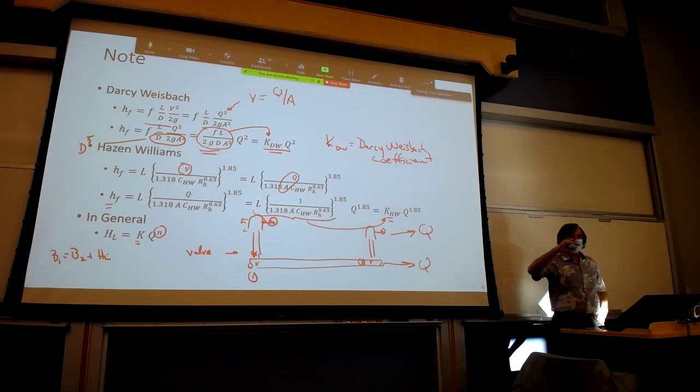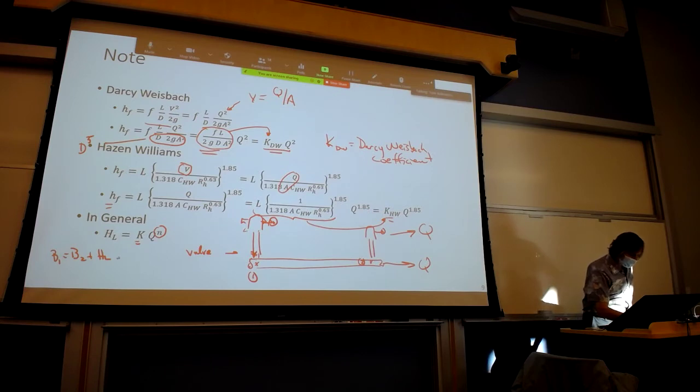And because this is a horizontal pipe with a constant diameter, this is basically saying that (P1 minus P2) over gamma is equal to the head losses, and those are equal to KQ to the n.